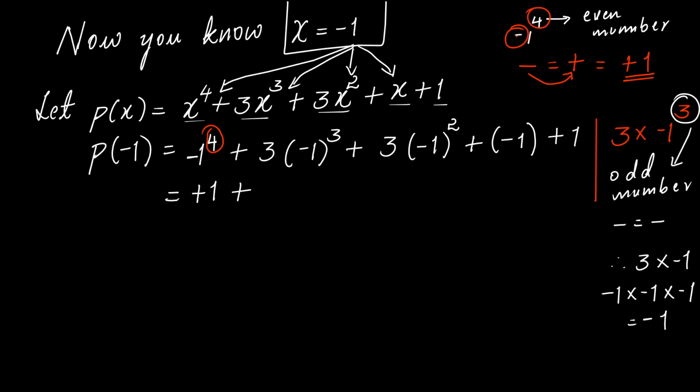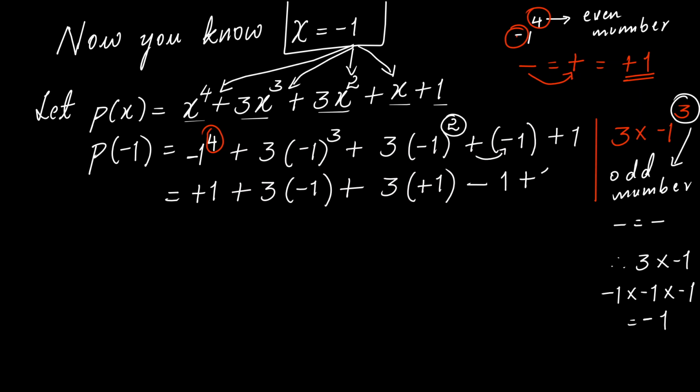Plus 3 multiplied by (minus 1) to the power 2. Here you can see it is an even number, so the negative sign will change to positive. So, you can write directly plus 1, and plus into minus is minus 1, and plus 1.